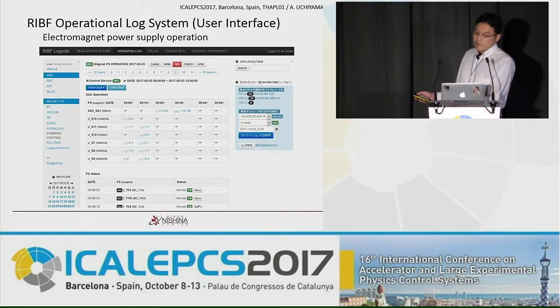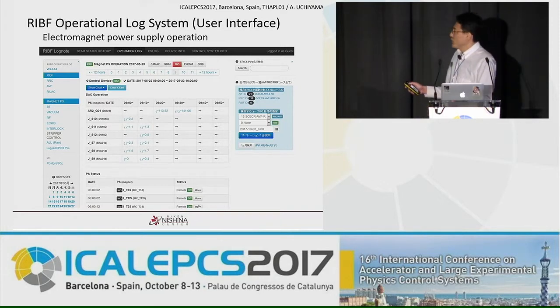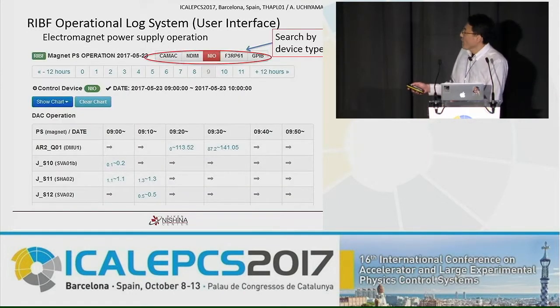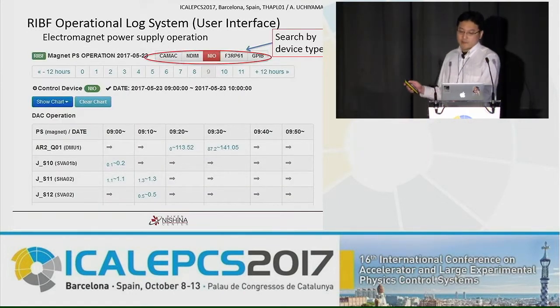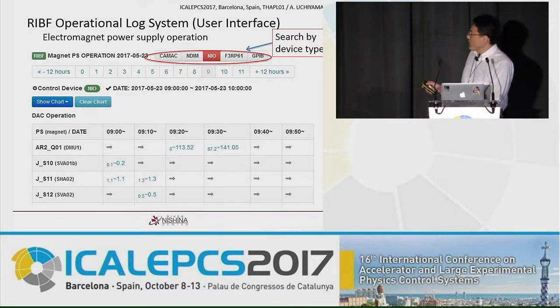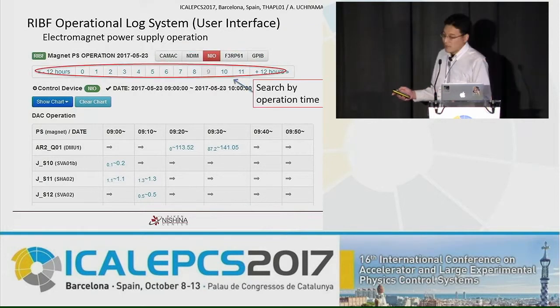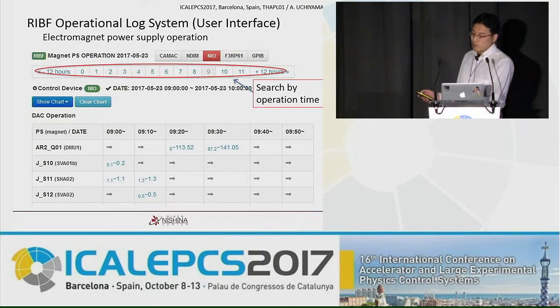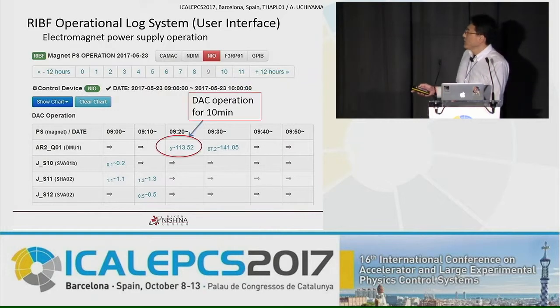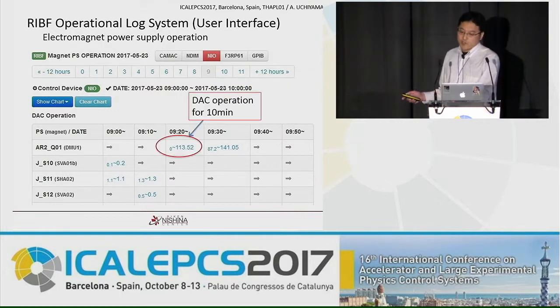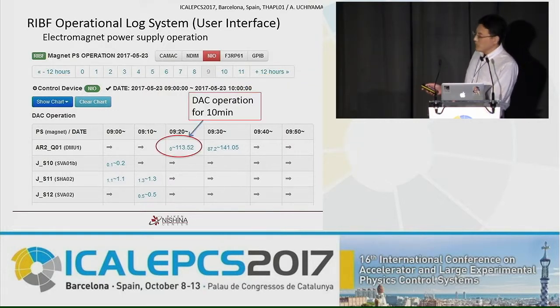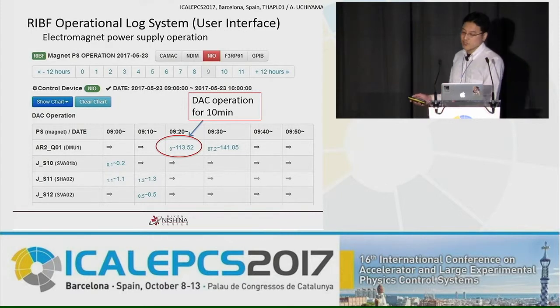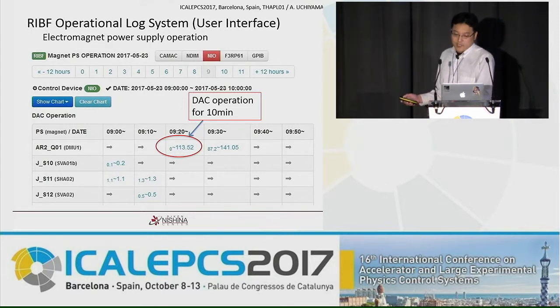This is an example of user interface for electromagnet power supply operation. It has many functions for searching the operational log. We can search the operational logs by device type, and we can search the operational log by time. And this application shows maximum and minimum DAC values for 10 minutes.